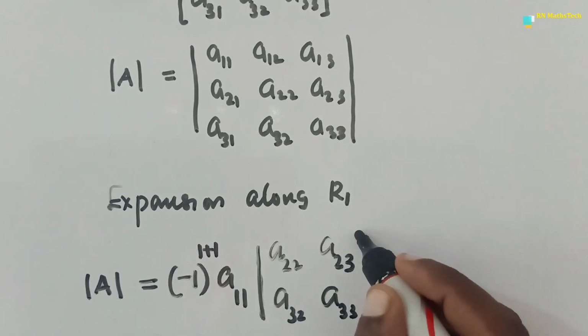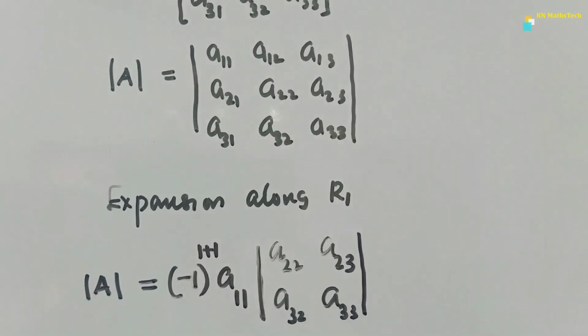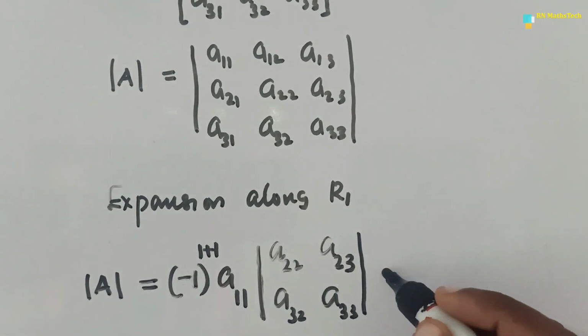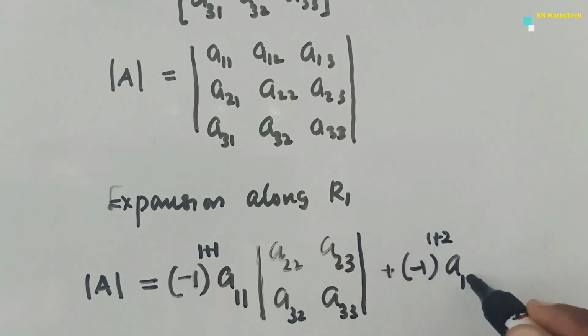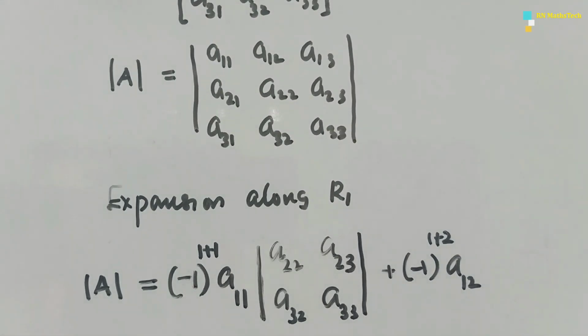That is the first term of the expansion. Now plus minus 1 raised to 1 plus 2 into A12. So there forms a negative sign.